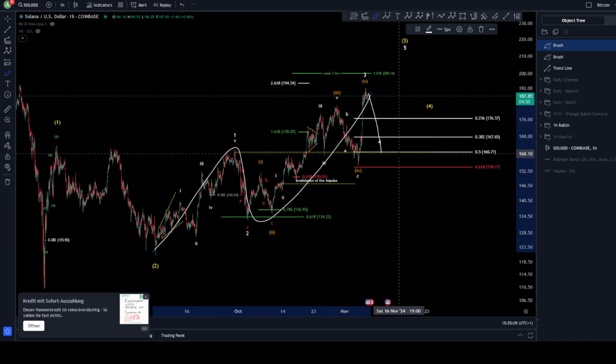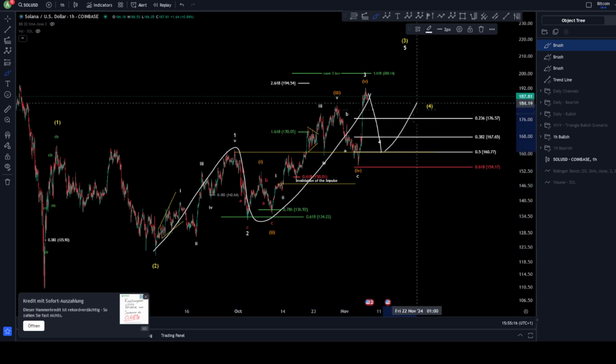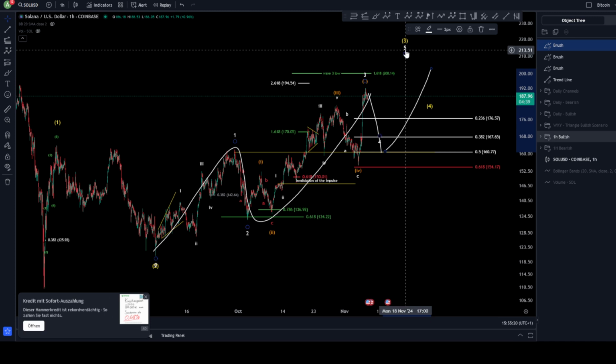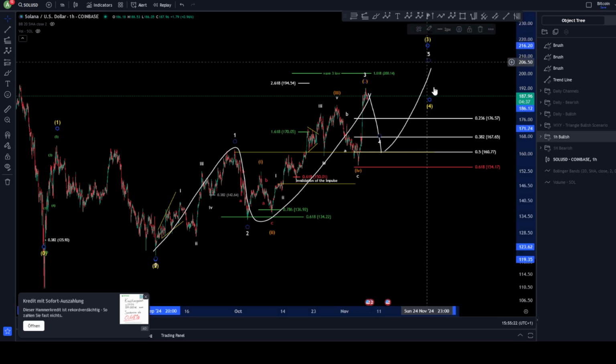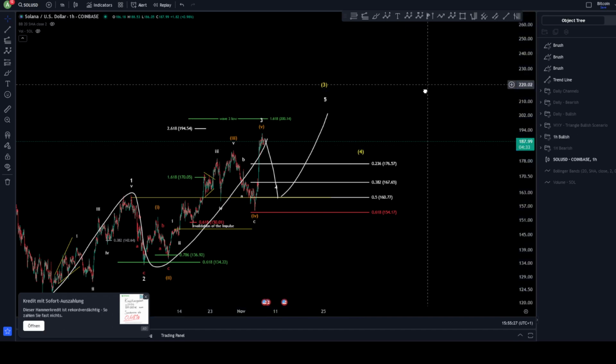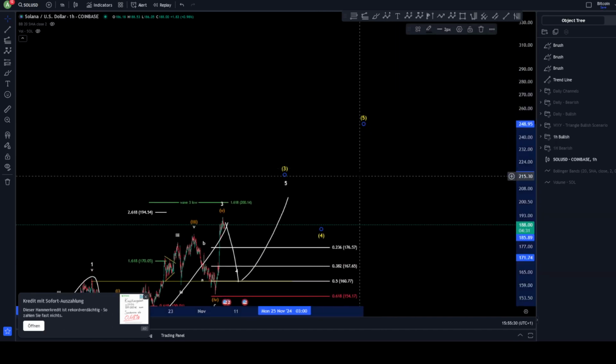You will still have only one chance, where you also become a contracting diagonal after. But after this, you might have finished a wave 3 here and a wave 4.